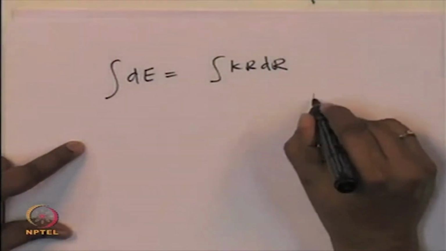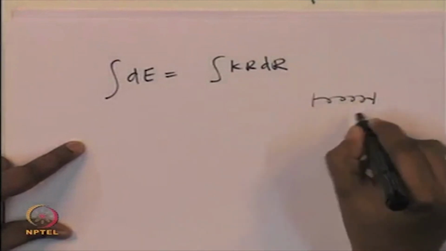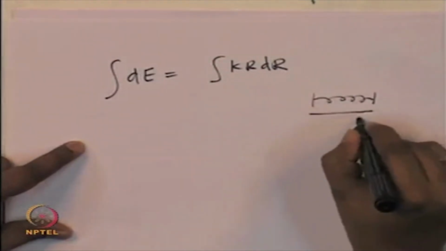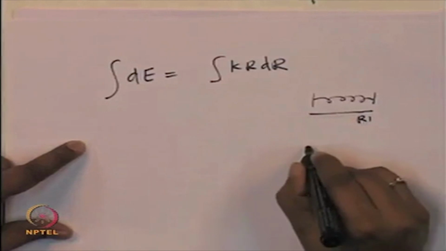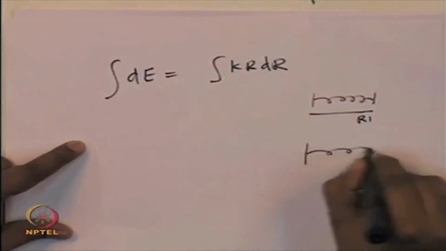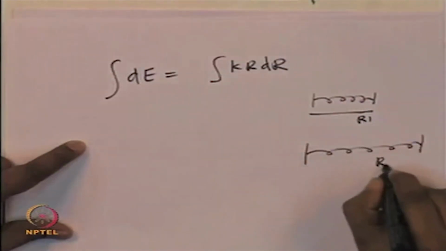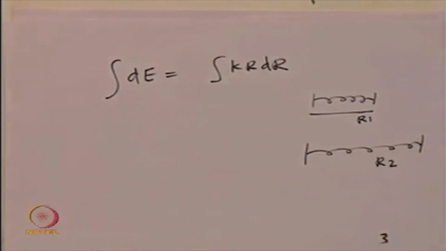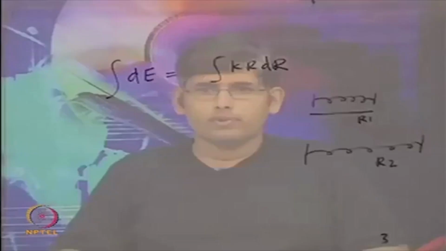First you had this particular r, let me call this r1. Now, I am pulling the spring to a greater distance, which is r2. So I am pulling from r1 to r2. I have this spring of length r1, then I am pulling it to a length r2. You can ask the question, how much energy does it cost to pull from r1 to r2.